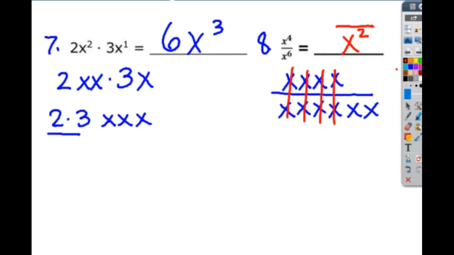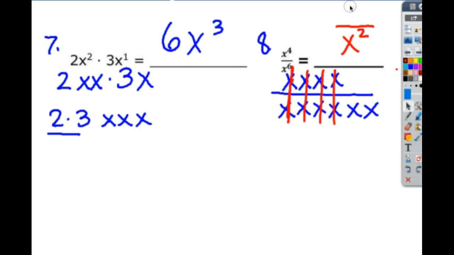So what's in the numerator? Well, when you cancel this out, something divided by itself is 1, so this is 1 times 1 times 1 times 1. And my board is messing up. And that's 1 over x squared. You cannot leave out the 1 over x squared.